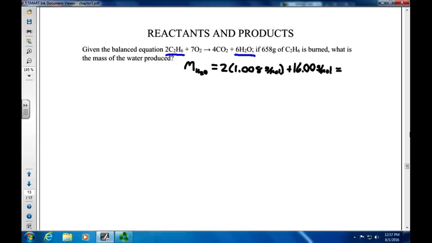That's 2 hydrogens and 1 oxygen, and that gets us 18.02 grams per mole. So that's the mass of the molecule of water.